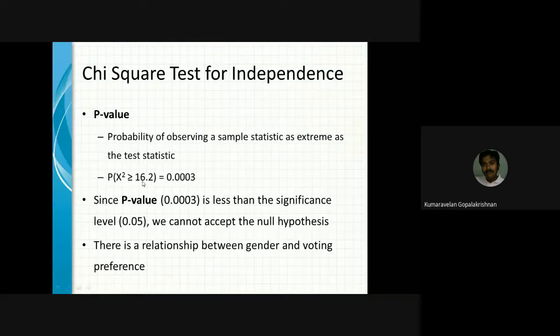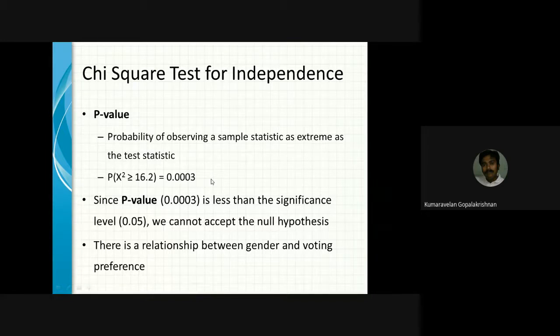Whatever value you get, you compare it with the p-value. If it is less than, reject the null hypothesis and you can frame your alternate hypothesis. That's all regarding the chi-square test.